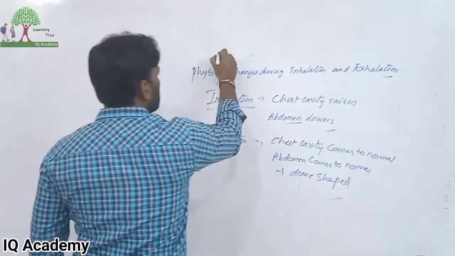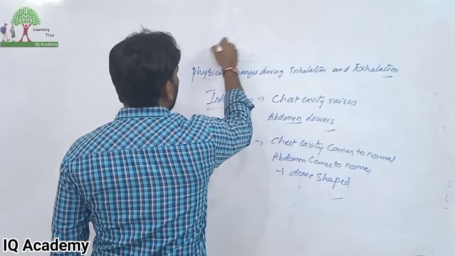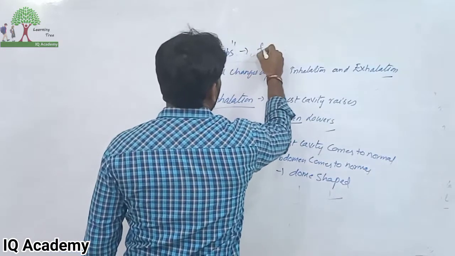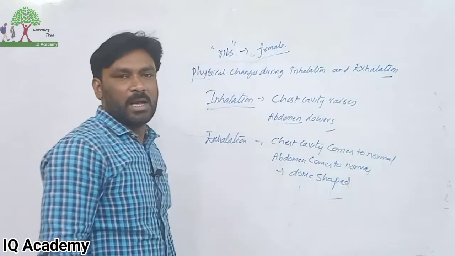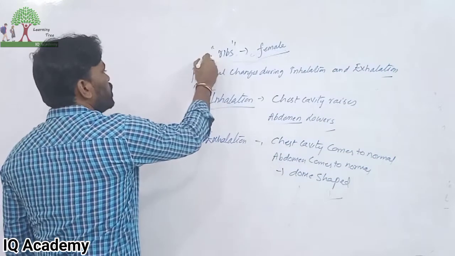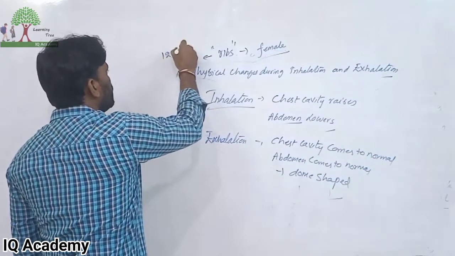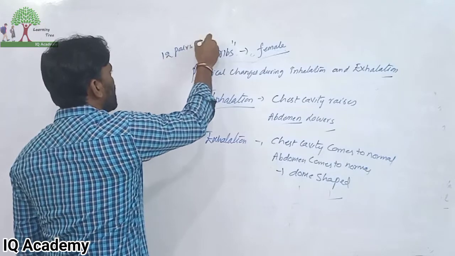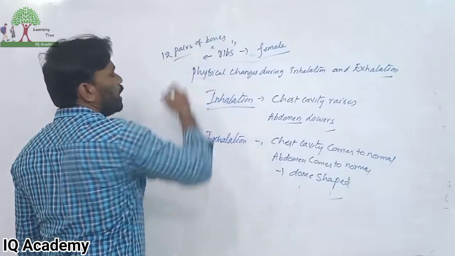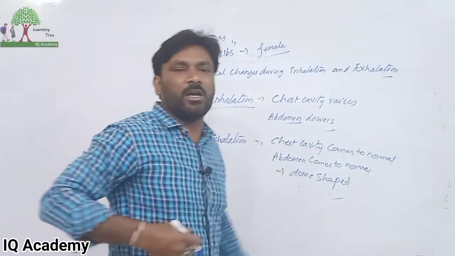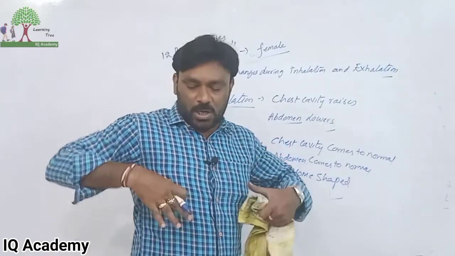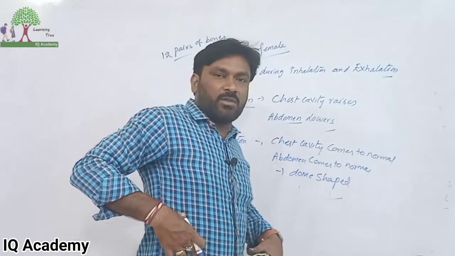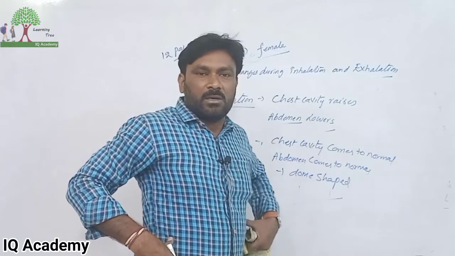And the ribs play a major role in the females. In the females, ribs play a major role during respiration. And ribs consist of 12 pairs of bones. 12 pairs of bones are present on either side of the vertebral column. If you touch here, we can feel the bones present.